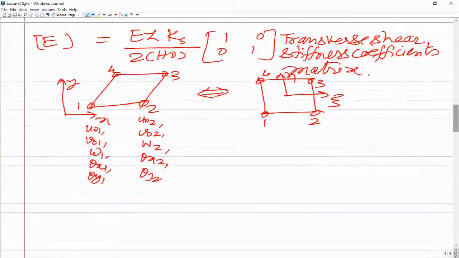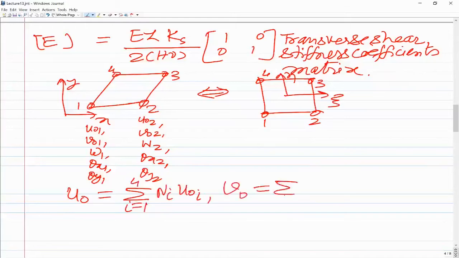And the way we discussed already, the interpolation for the various field variables, say u naught, will be equal to summation i going from 1 to 4 of Ni into u naught i, where u naught i is the value of u naught at the ith node. Similarly, v naught will be written as summation i going from 1 to 4 of Ni into v naught i, and w would be equal to summation i going from 1 to 4 of Ni into wi.